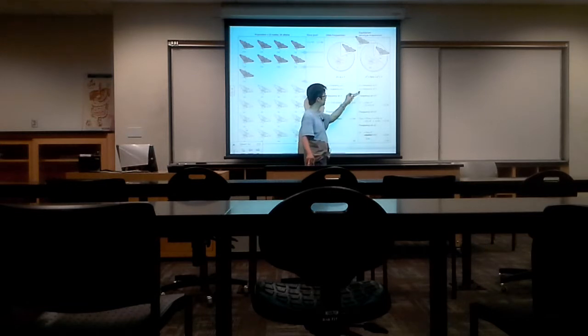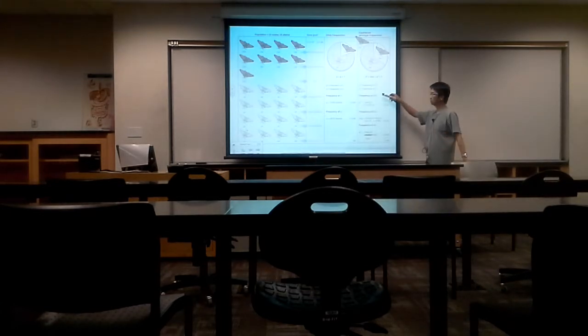For the Hardy-Weinberg equation, it is this one: p squared plus 2pq plus q squared equal to 1. Again, the end result should also be equal to 1. So p and q are the same for both, but the frequency of the homozygous dominant genotype is p squared. As I said before, it is 0.2 multiplied by 0.2, which will be equal to 0.04. Then the frequency for the heterozygous genotype will be 2pq.